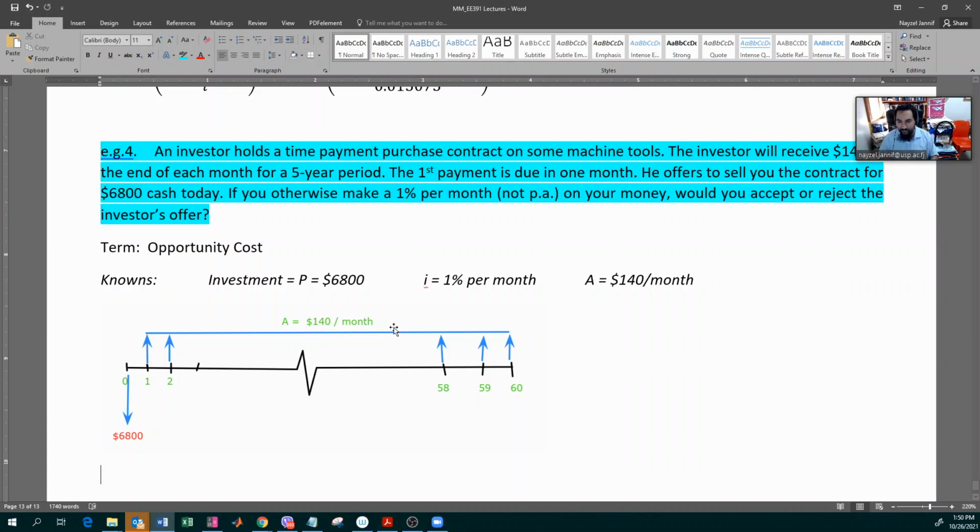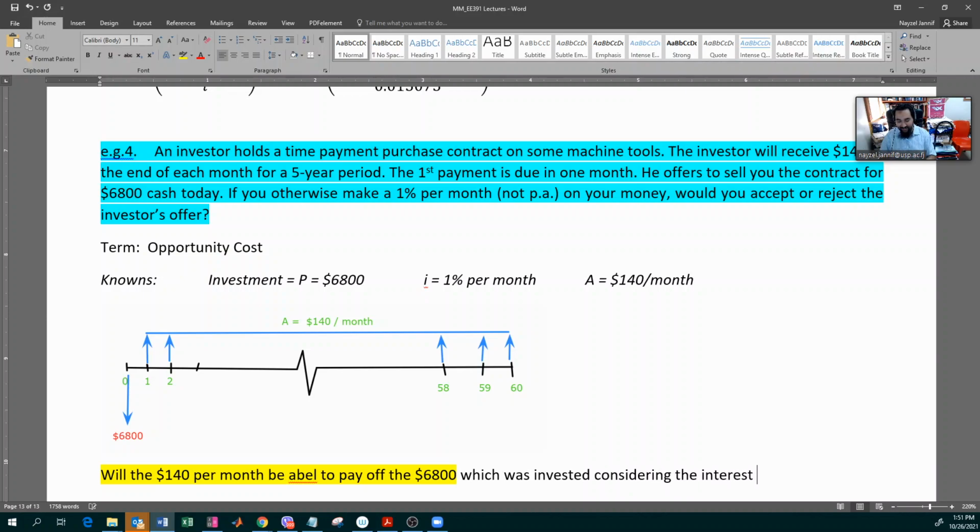Will the $140 per month be able to pay off the $6,800 which was invested, considering the interest rate?